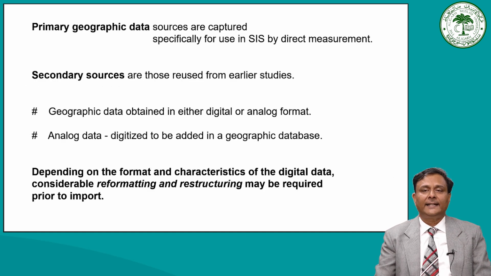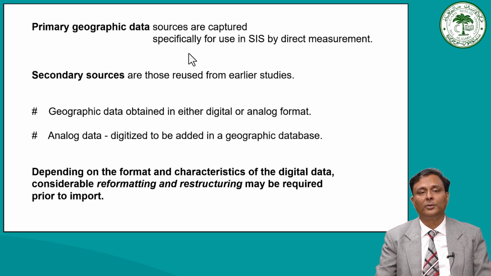So GIS can contain a wide variety of geographic data types originating from many diverse sources. It can be divided into primary geographic data or secondary sources of data. Primary geographic data sources are captured specifically for use in spatial information science by direct measurement. There are many ways, you all know, how the primary information is collected.